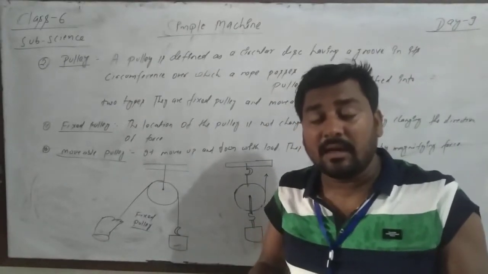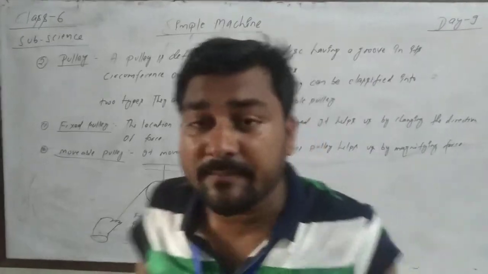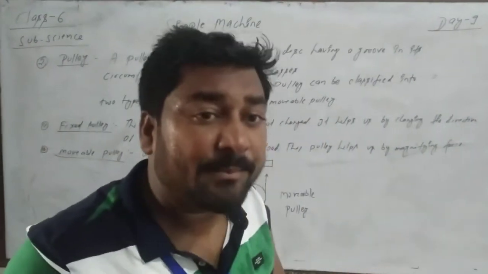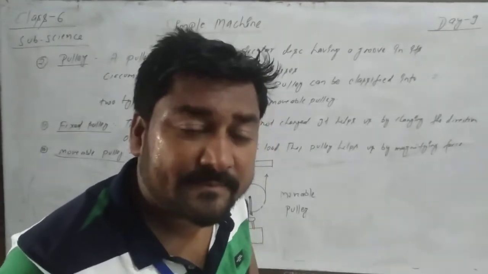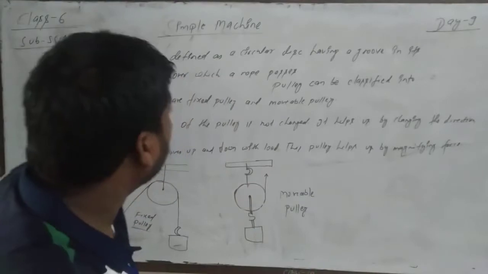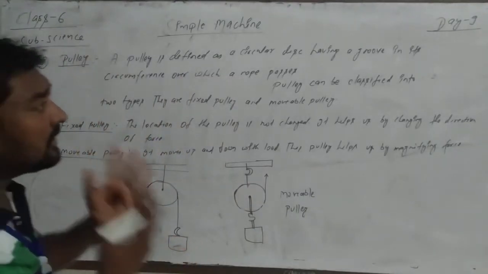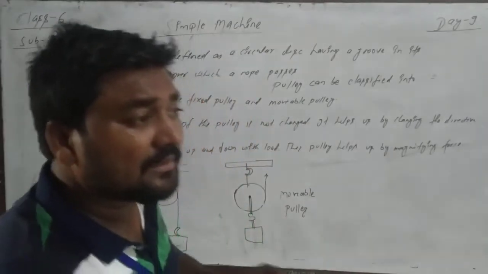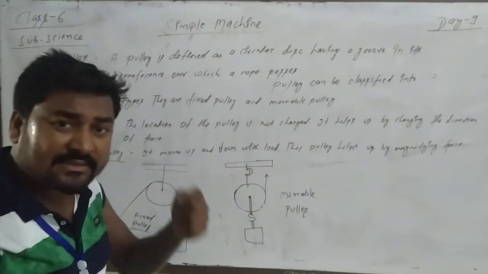If I ask you one question, have you seen any pulley in your home or in the locality? Yes? Good. There is one circular disc having a groove, and there is a rope, isn't it?